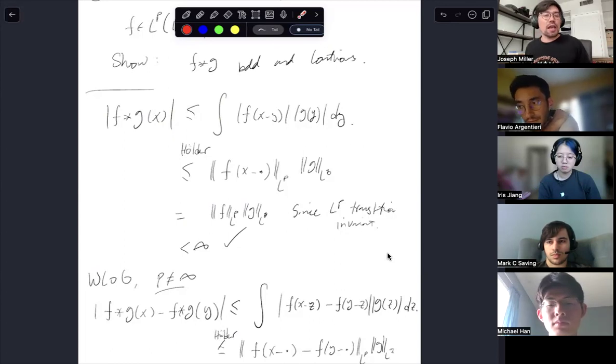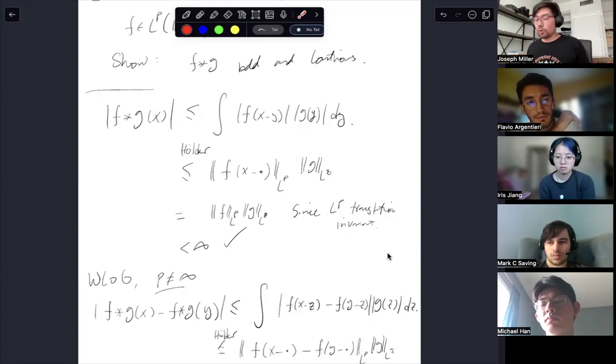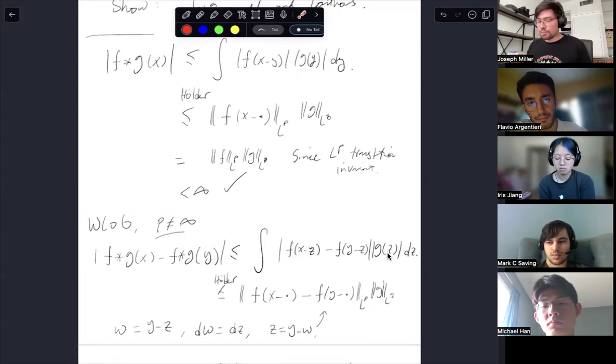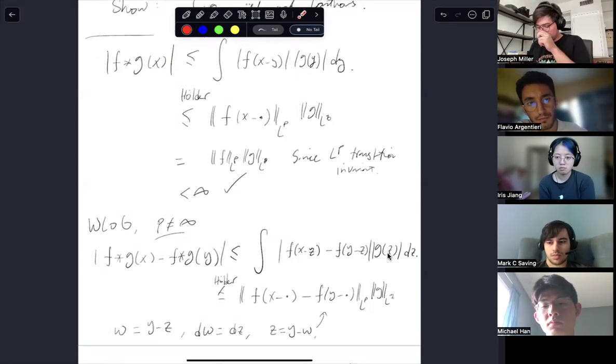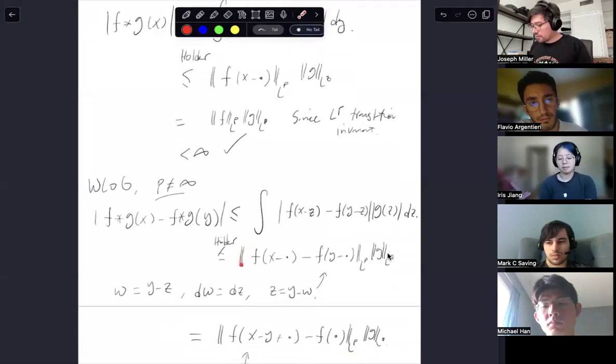I think you could just say that continuous functions are dense in L1, right? And that will get you, okay, I can approximate these guys. So they're dense in LP for P not equal to infinity. And then a similar argument holds, right? That's basically the only reason why this guy fails to go to 0 when x approaches y for P equals infinity. Because in L infinity, I cannot approximate things by continuous functions, right?